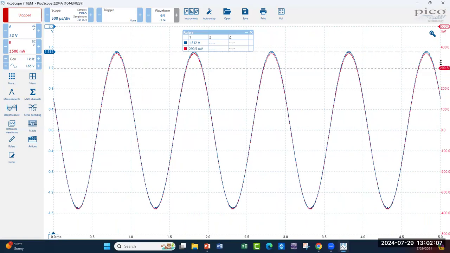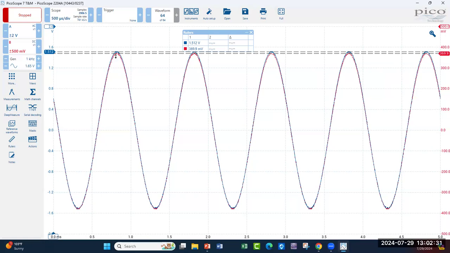If I slide this guy up to the top peak here, yes, we're reading channel B, the output of your voltage divider at point C. We're reading this as 369.9 millivolts. That's pretty spot on to our calculations.